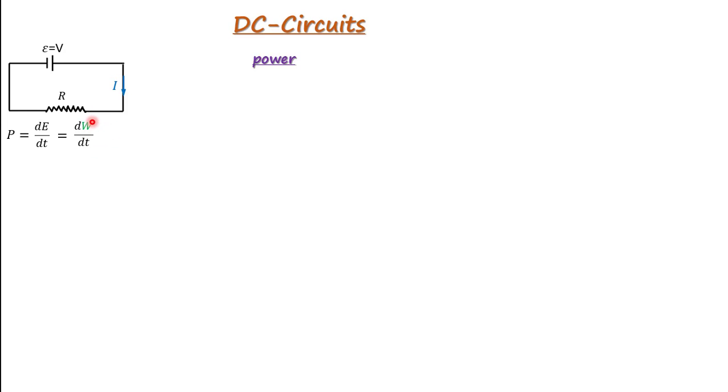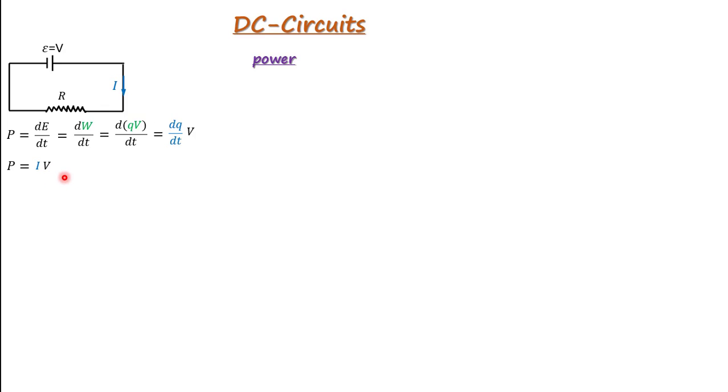So we can write work as Q times V, so P is d(QV) over dt. Since V is constant, this equation can be written as dQ over dt times V. Here dQ over dt is current, so we can express power as I times V.